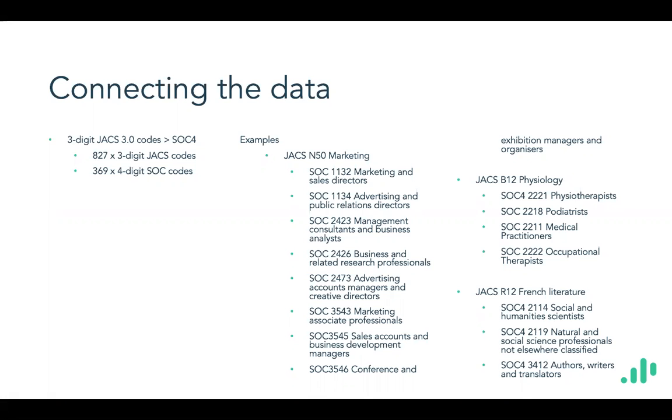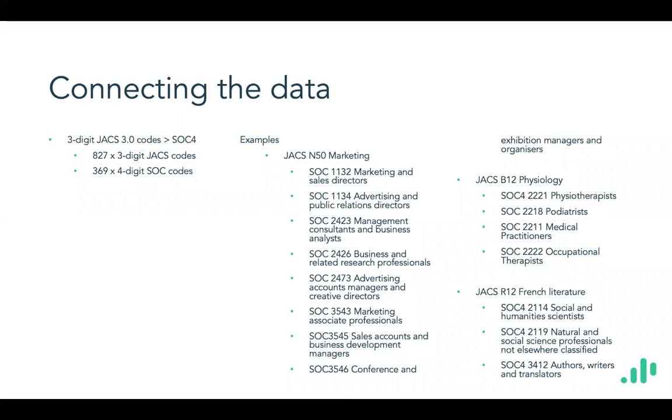And of course, this is easier for professional and vocational programs than it is for the more creative, arts and humanities programs. Those courses that don't have such a clear definition in terms of the labour market can be viewed perhaps instead through a skills lens, because we can map the skills data to likely good fit occupations as well.